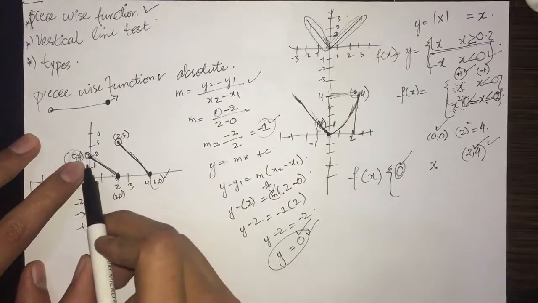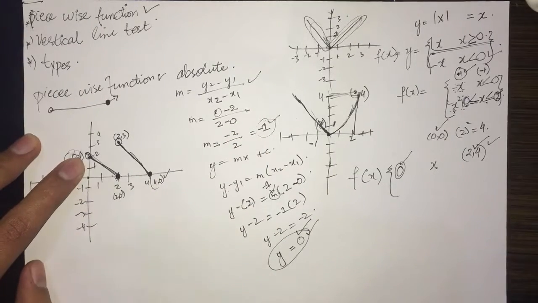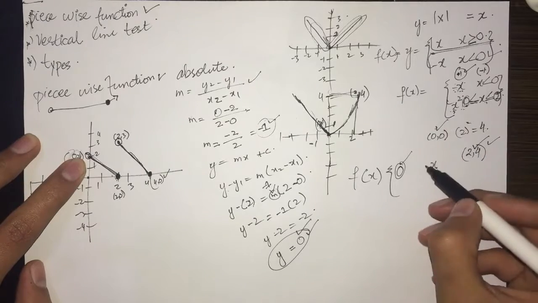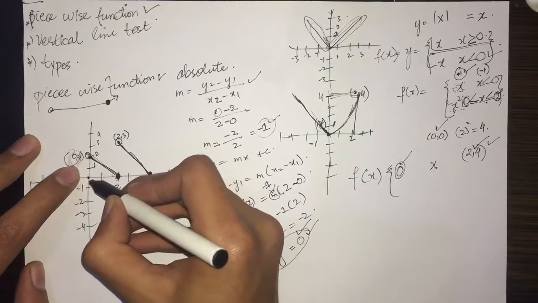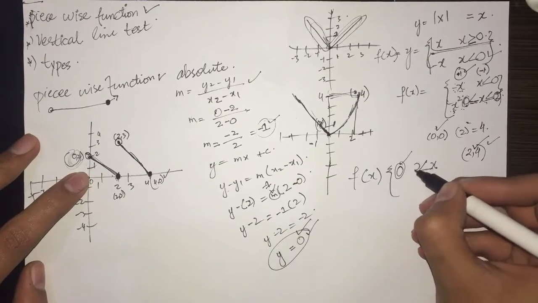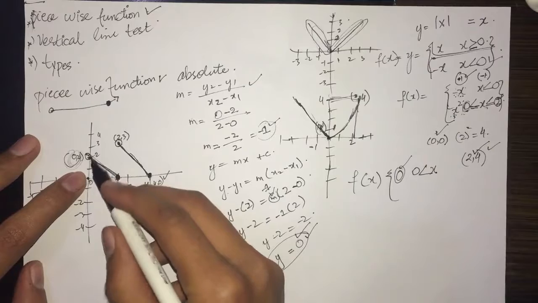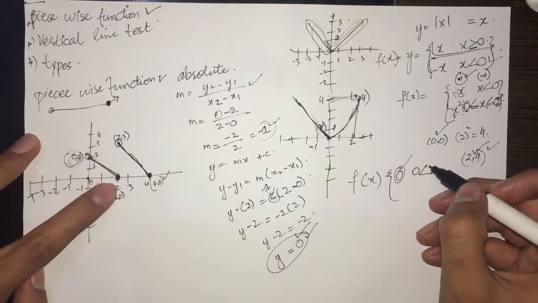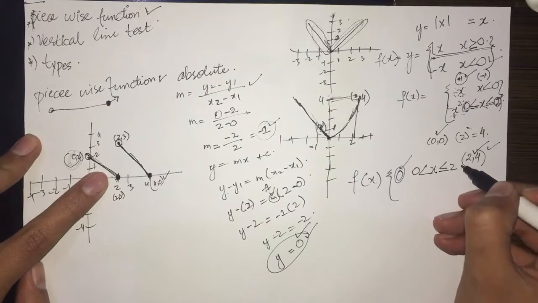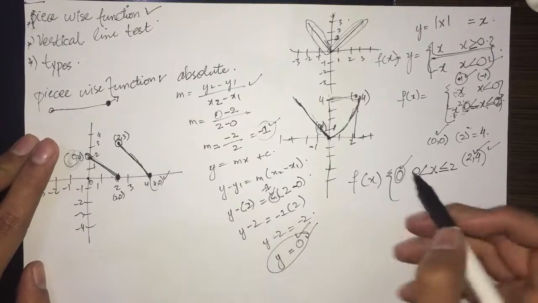This means that 2 is not included. Here the coordinate is 0, so we can write x is greater than 0 because it's not included, and then x is less than or equal to 2 because 2 is included.